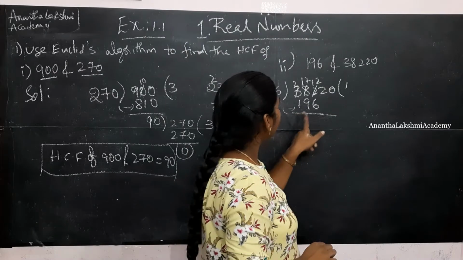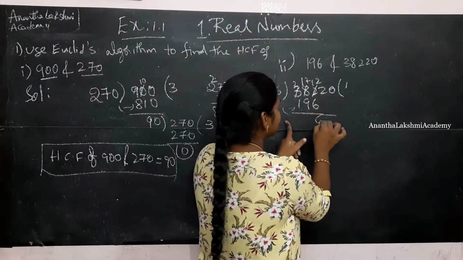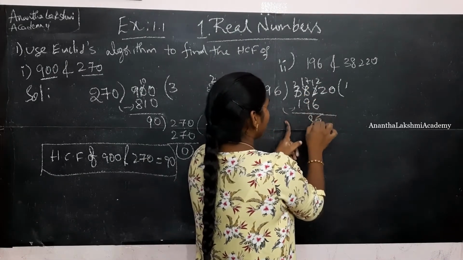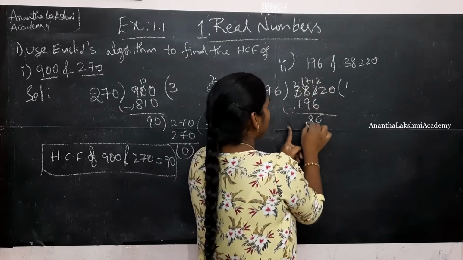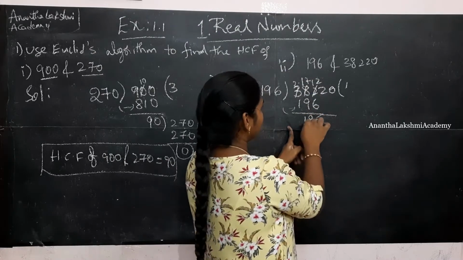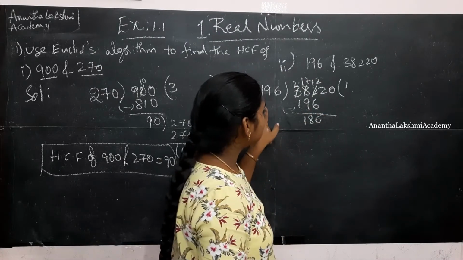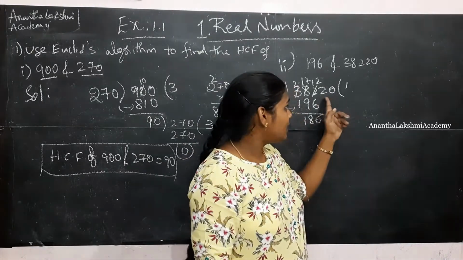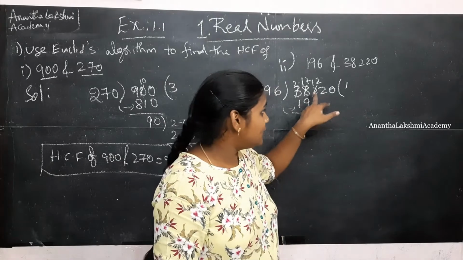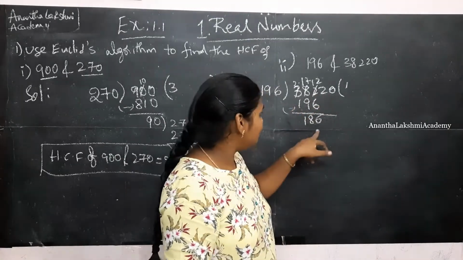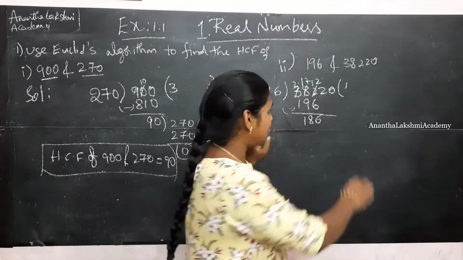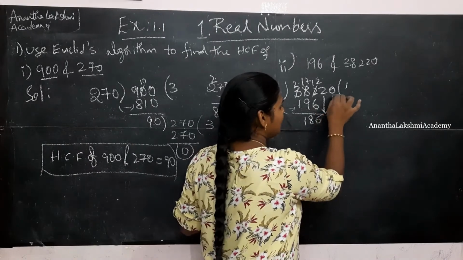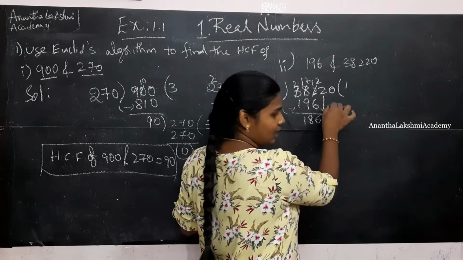So 12 minus 6 is 6. This is going to be 8, and 2 minus 1 is 1. All right, so what happens now? If there is no other number next to this 382, then we could use this number to divide this number, but the division is not completely done, right? So get those numbers here.